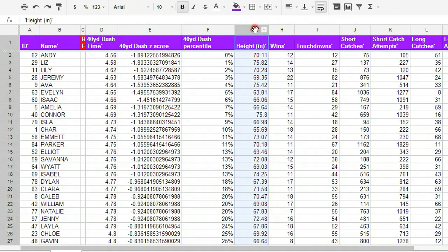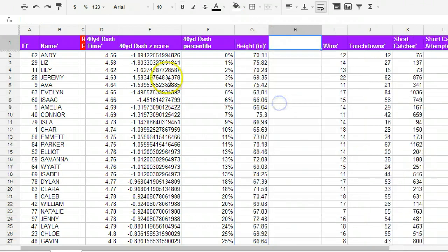So I'm going to create a new column here for height. I already created a z-score column for the 40-yard dash time earlier, but I'm going to do the height z-score. And to do the z-score, I always start my formula with equals, and I have the value I want, so I'm going to click in this cell with the height, minus the average.